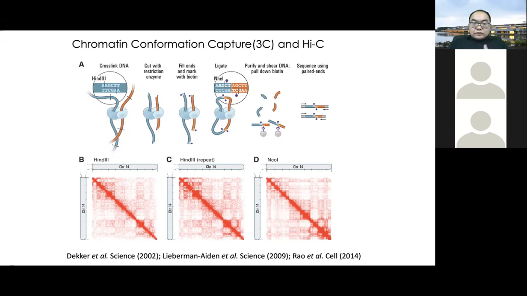The advantage of these techniques is that they have rich sequence information and also high resolution. However, one key disadvantage is that it's hard to translate these 3C measured interaction frequencies to true physical proximities in the cells.